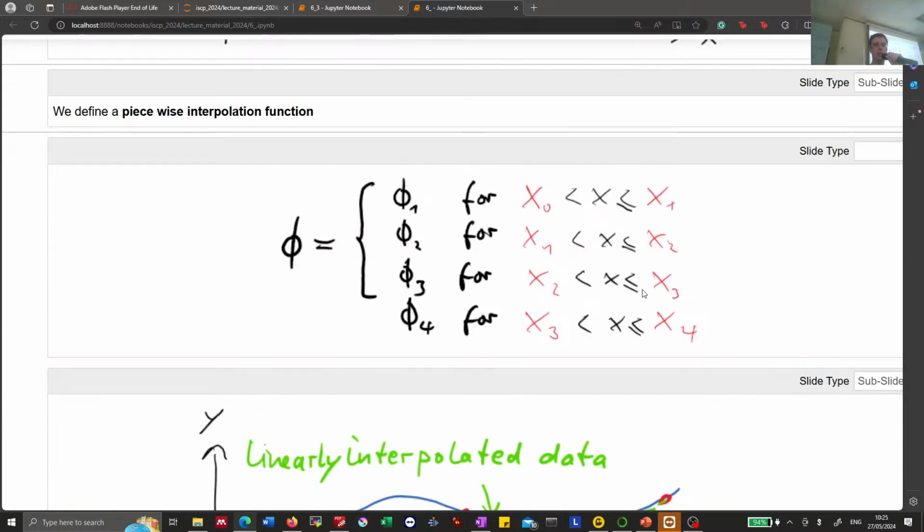Define data points. I prefer to have the notation as x_i smaller than or equal to x smaller than x_i+1, but in principle you can also have smaller-or-equal everywhere, just that then some points are defined for two function pieces.